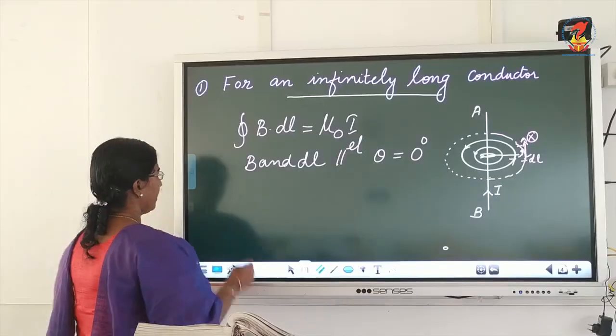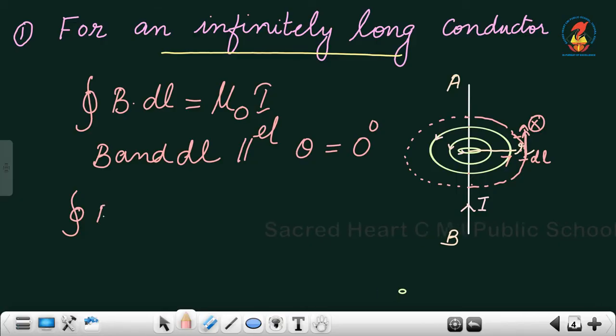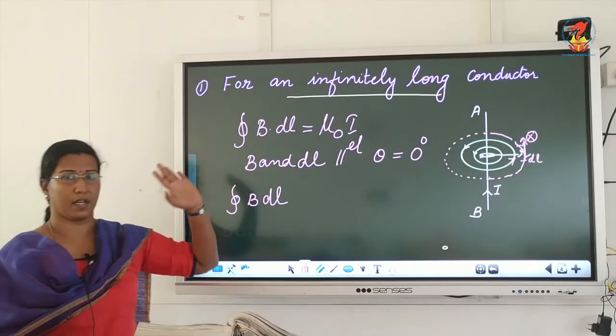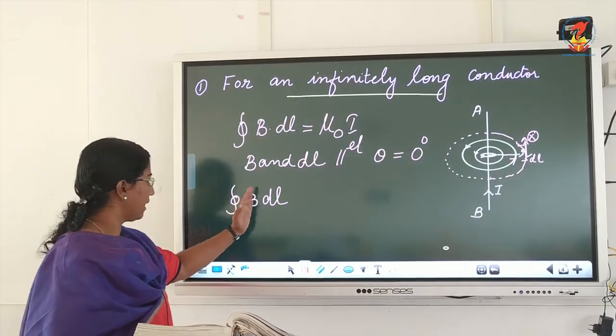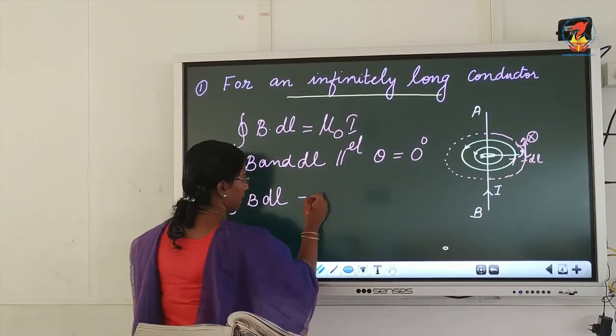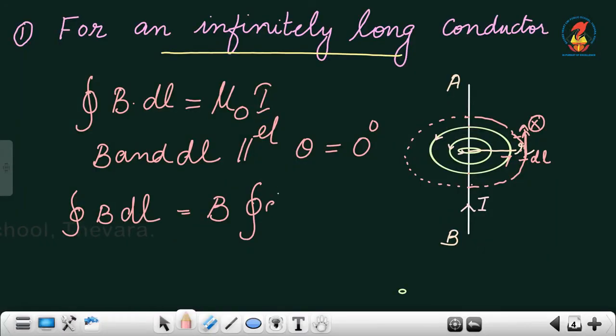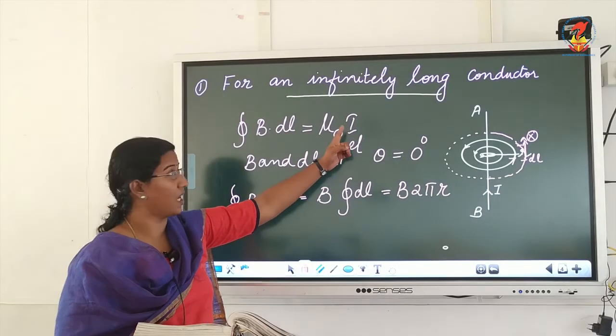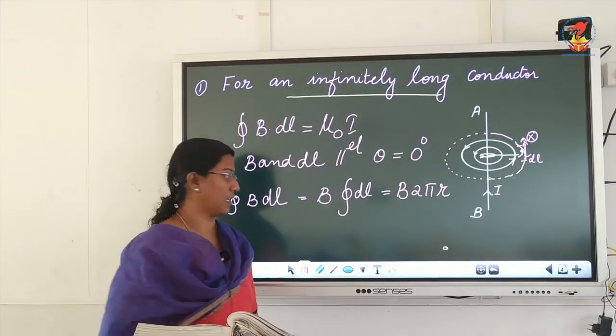Applying this, the closed integral of B dot dl becomes B dl cos 0, which is B dl. Now the field produced by the conductor at that particular point will be a constant value, so I can take B outside: B times the integral over the closed loop of dl, which is equal to 2 pi r. And what did Ampere say? Integral B dot dl is equal to mu0 times the total current passing through the surface.